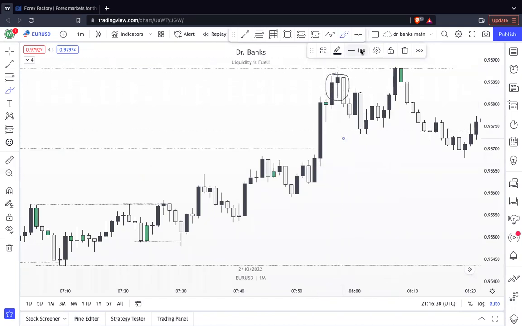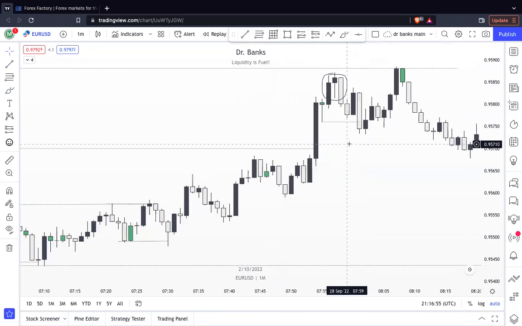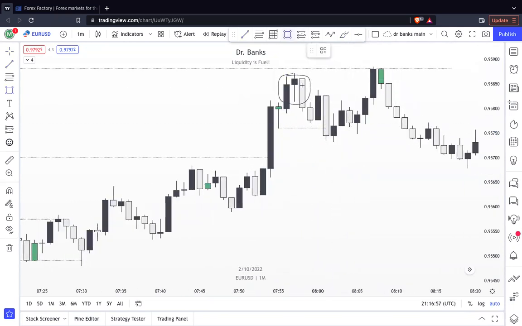Then you will now call this an internal shift in structure, if you're trading the 30 seconds. And you will call this your order block, where you're expecting your confirmation entry to come from.